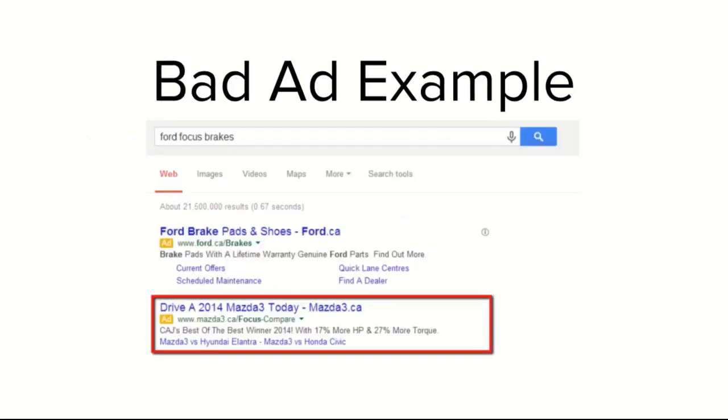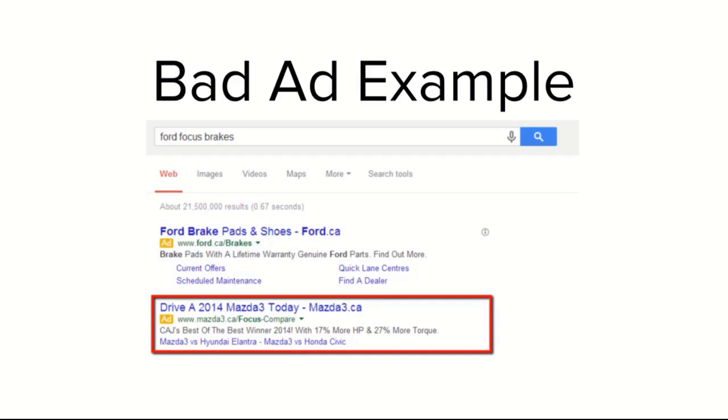Now here's an example of an ad that's not so great. So in this example, someone typed in Ford Focus brakes, and the ad that pops up is an ad for test driving a 2013 Mazda 3. So this really is not going to be the best use of that advertiser's ad dollars, because this person who's searching for Ford Focus brakes is not probably going to convert on their ad.